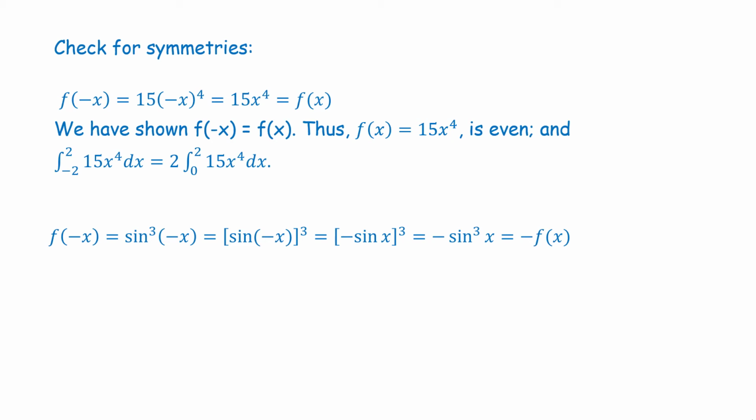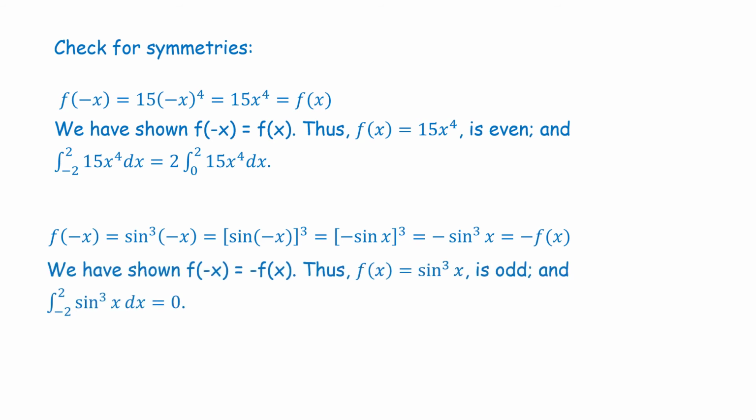Remember, sine is an odd function. We have negative sine x cubed. The negative raised to a power that's odd results in a negative, so the bracket negative sine x raised to the power of 3 is negative sine cubed x. Sine cubed x is the function, so we have minus f of x.